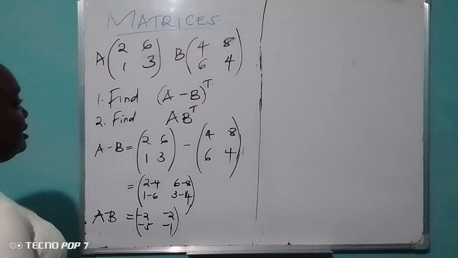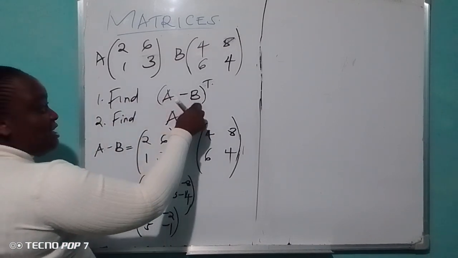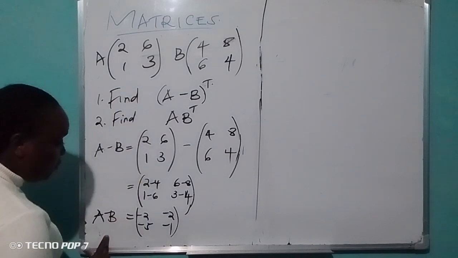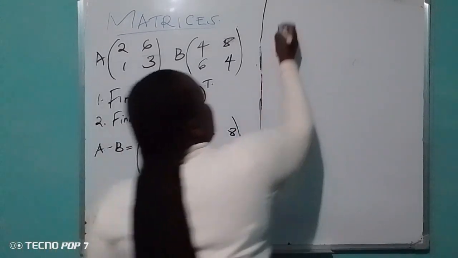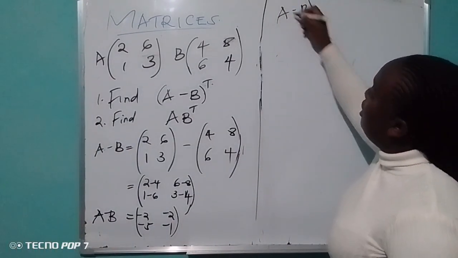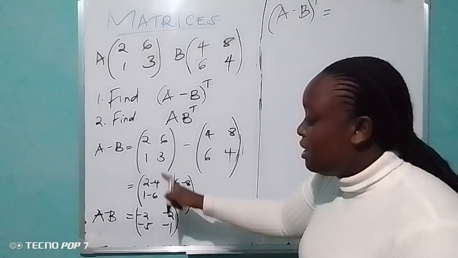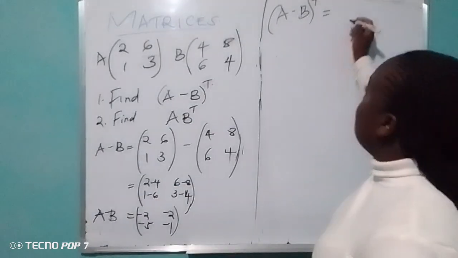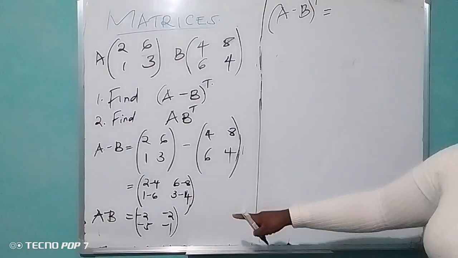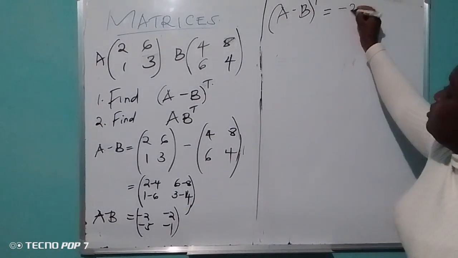So find the transpose of A minus B. So (A minus B) transpose is equal to, the first row becomes the first column. So minus 2, minus 2.